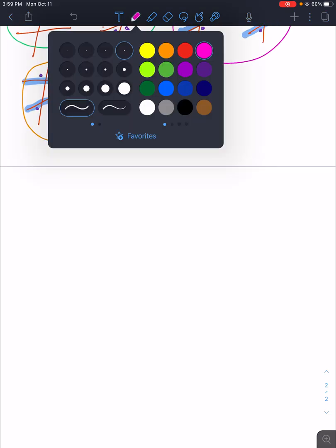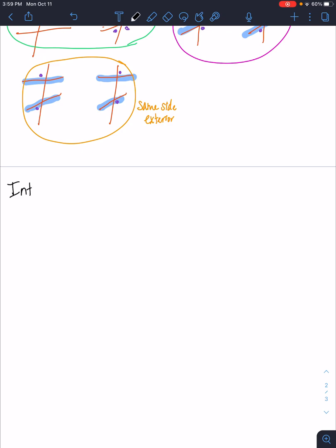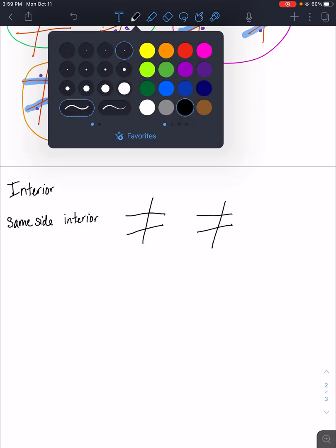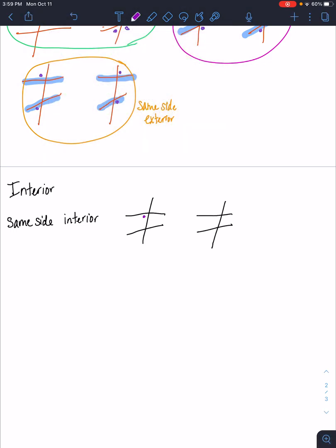So to give you a quick diagram of those two interior angles, we can have same side interior angles, and those would look like this. Same side, but in between the blue lines would be right there and right there.